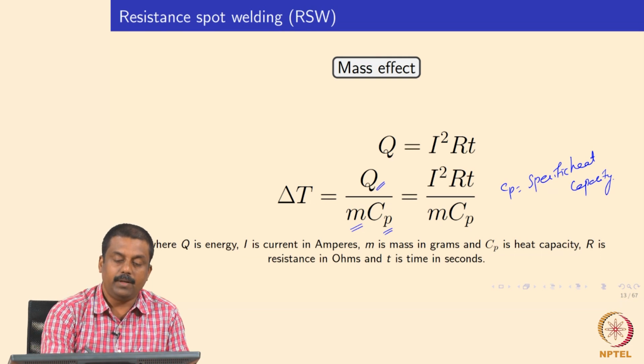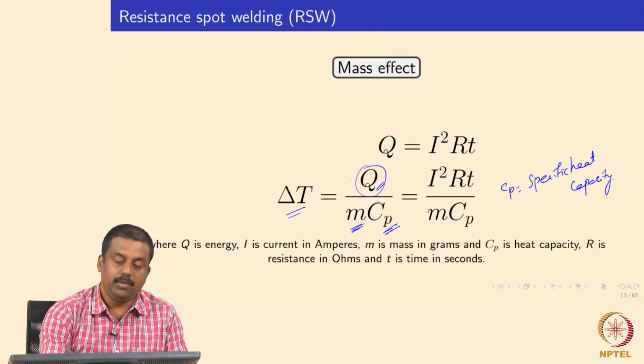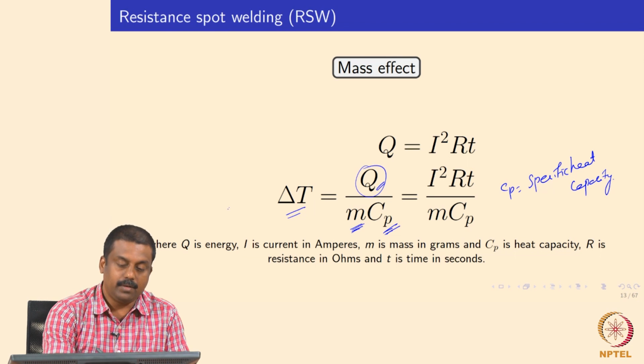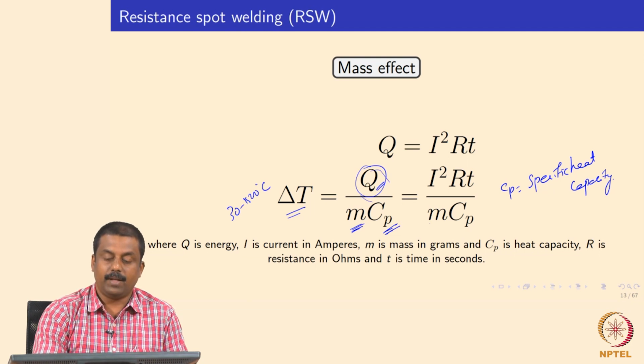Suppose you want to increase the temperature by delta T for a given mass of material with a specific heat capacity of Cp. Q is the heat you need to raise the temperature, for example, from 30 to 1500 degrees centigrade. So how much Q you need for a given mass M and Cp, that is the minimum value.